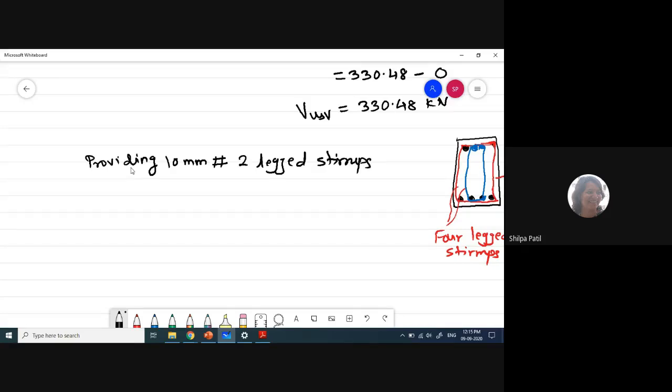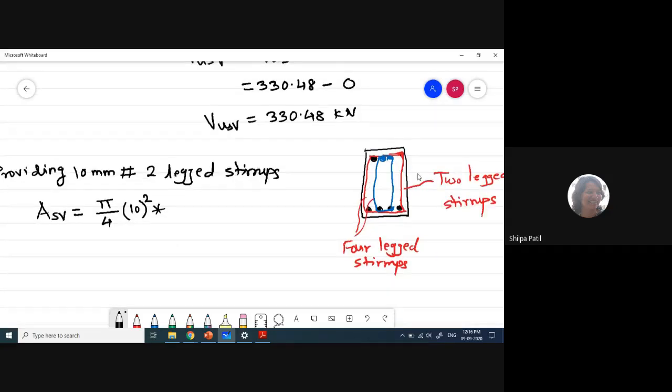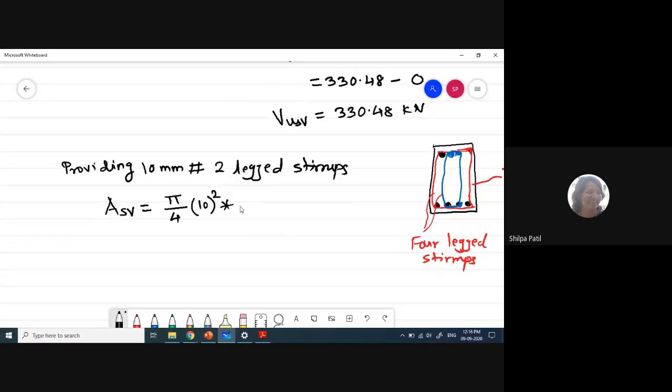Let us calculate now the area of these stirrups, which is denoted by ASV, equal to the cross-sectional area, pi by 4 d square. D here we have assumed as 10 mm, multiplied by the number of legs, and we have considered two legs here. If I cut the beam here horizontally, I get 2 bars. So I have to write down the number of legs here, 2 legs.